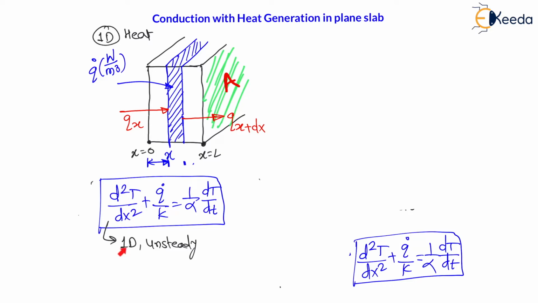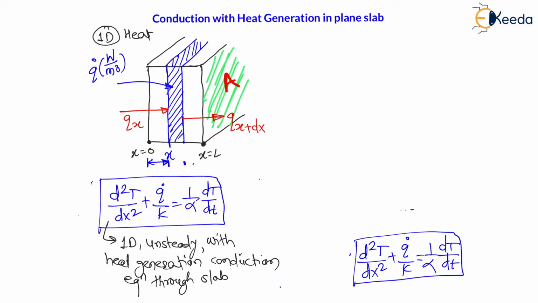Therefore it is a 1D unsteady conduction equation with heat generation, there is a q dot, through a plane slab.